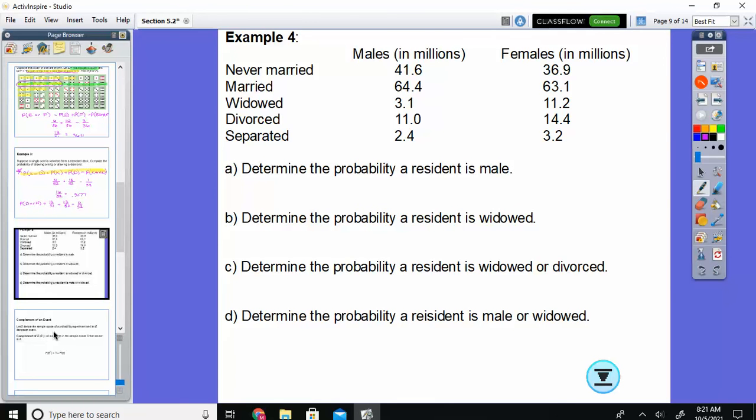Okay, so here is a table. I have males and females in millions, and I have marital status over here. We need to add up some things. If we're going to find probabilities, we need totals. So I need my total number of males.